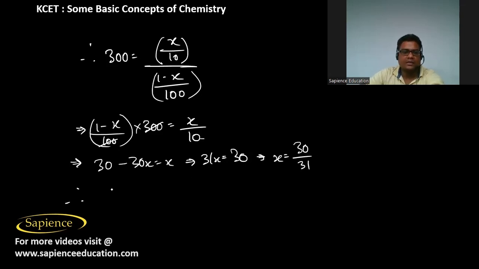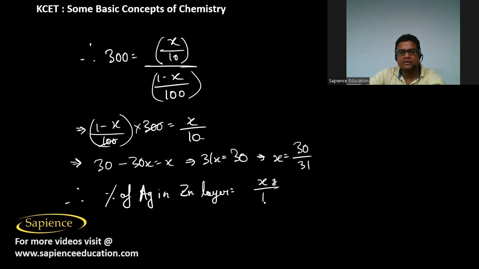Now the percentage of silver in the zinc layer will be equal to X gram divided by 1 gram into 100%.